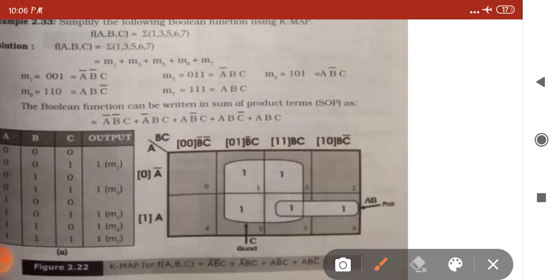The first one is A bar B bar C plus ABC, A bar BC, A B bar C, plus ABC.